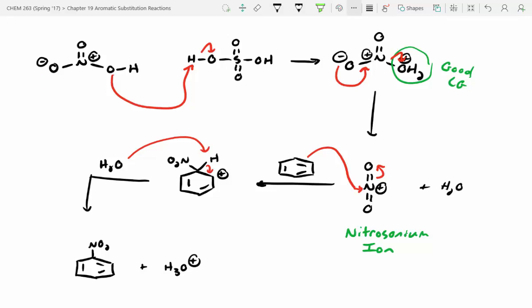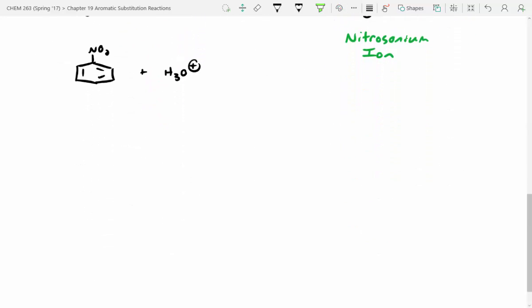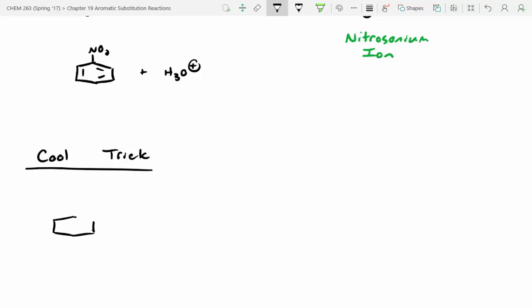Okay, so there's another cool trick you can use with these. Once you nitrate a compound, it is really, really easy to turn a nitro group into an amine.